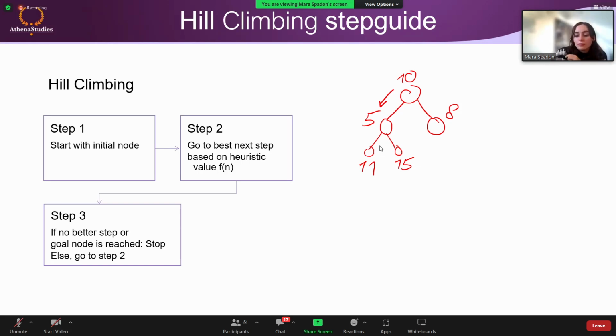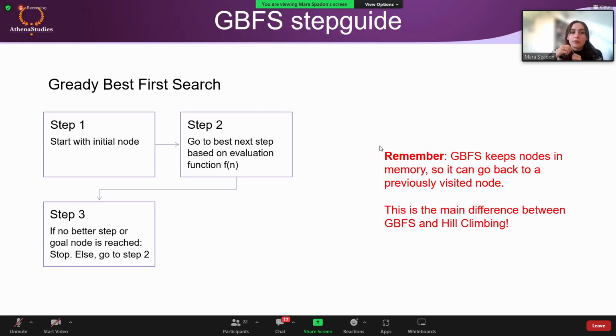Okay. So then we have greedy best first search, which I always like to look at as like its smarter older brother kind of. So we start with the initial node as well, and we go to the next step based on the evaluation function, so based on the heuristic value. But the key difference here is that it keeps nodes in memory.